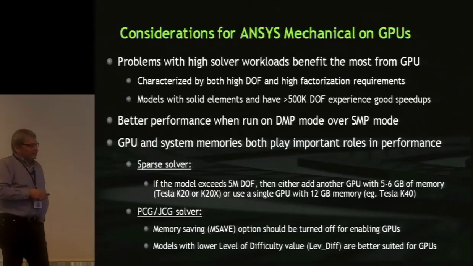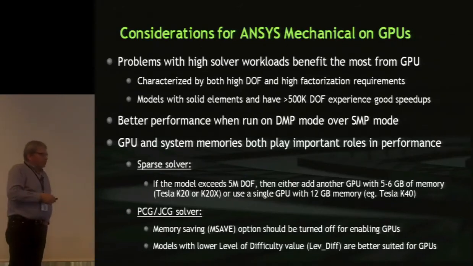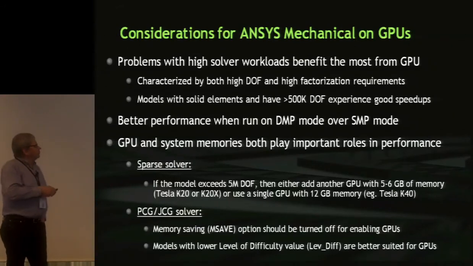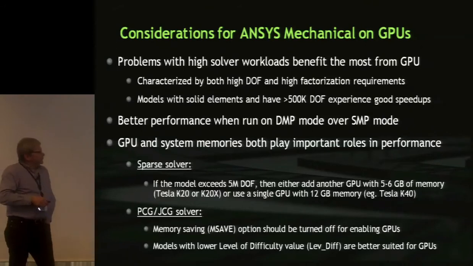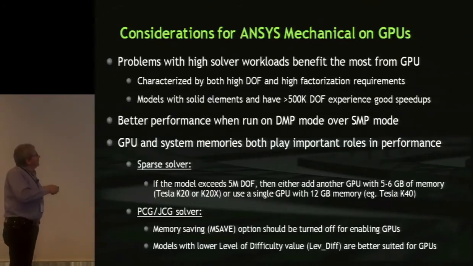Considerations for ANSYS mechanical on GPUs. Of course, problems with high solver workloads benefit the most from GPU. So these are characterized by a high degree of freedom and high factorization requirements.